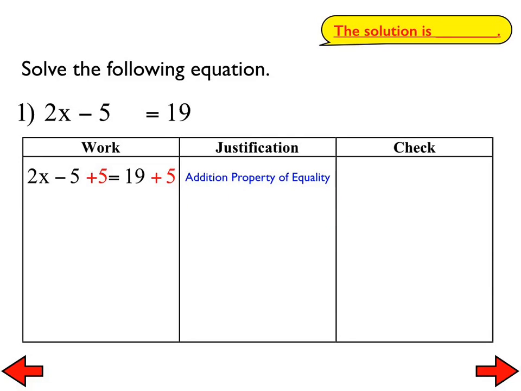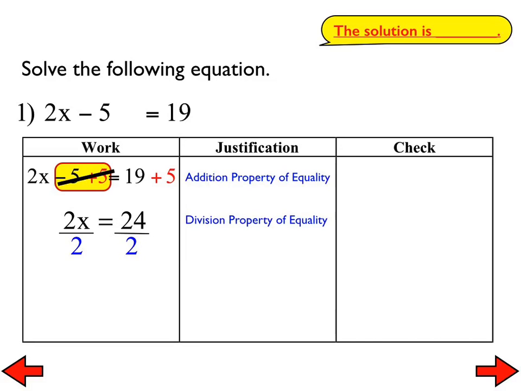Now we're going to simplify that equation a little bit. We made our 0 there, and we now have 2x equals 24. To finish that, we divide both sides by 2. That is the division property of equality. Justification means you're listing the property that we're using.